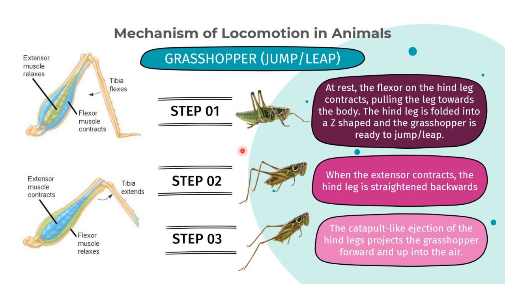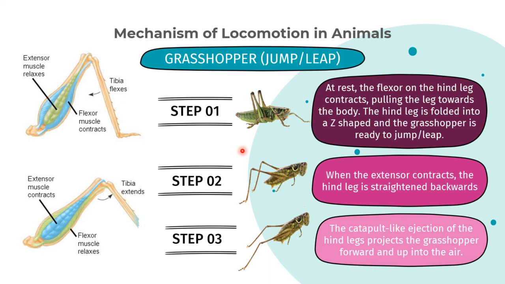In birds, it involves pectoralis major and pectoralis minor. In earthworms, the muscles involved are longitudinal muscle and circular muscle. And the last one refers to the extensor muscle and flexor muscle in the grasshopper.